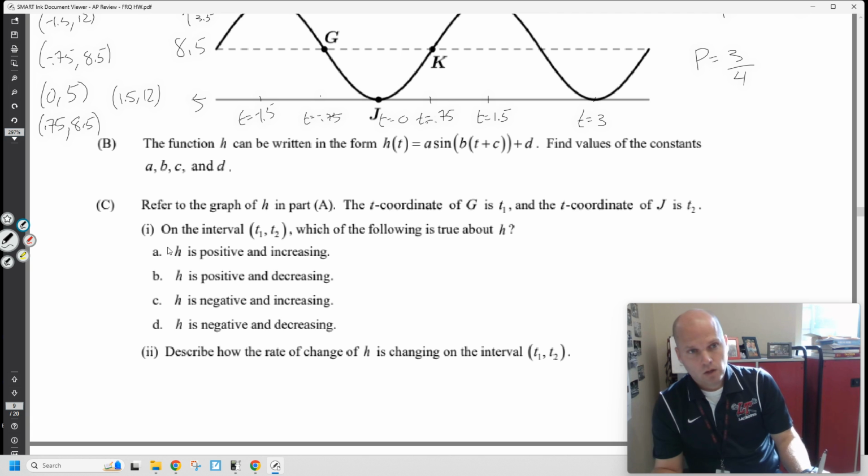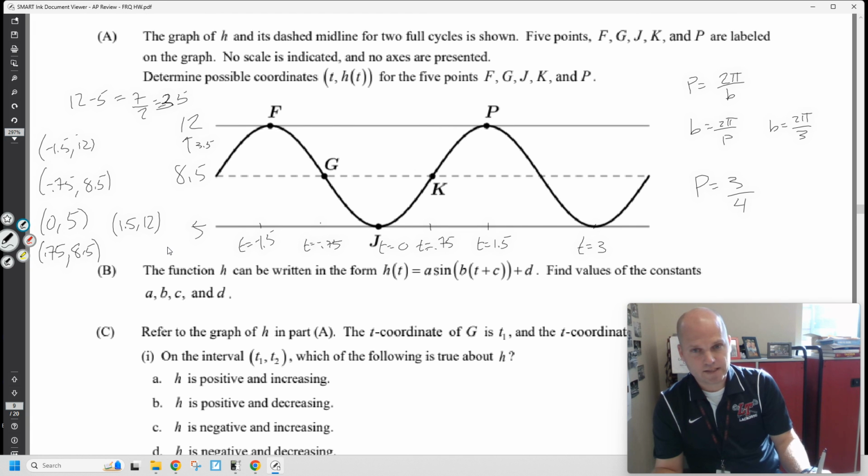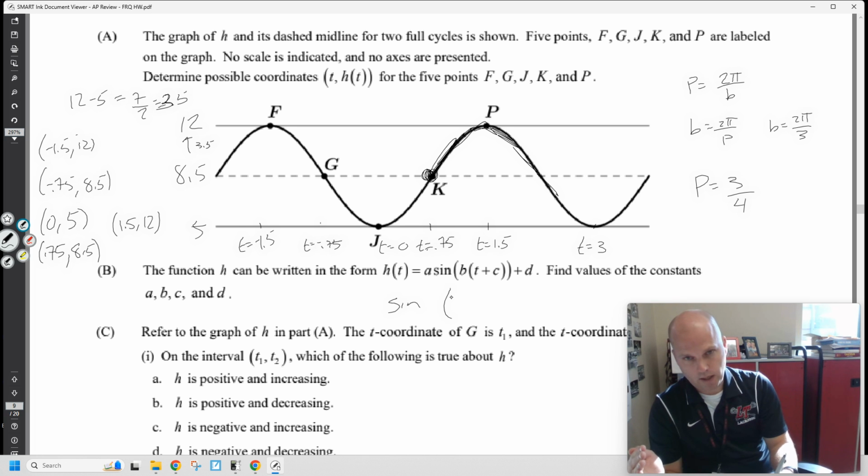All right. Find the constants A, B, C, and D. We have a sine function, so it's up to you what you want to do. Why don't we just say K is our starting point? That way we have a positive sinusoidal function. So I took the regular sine function. I'm going to shift it to the right 0.75. So I need a minus 0.75 here.